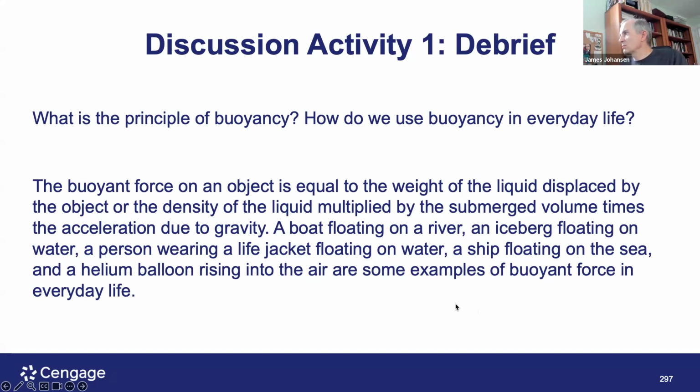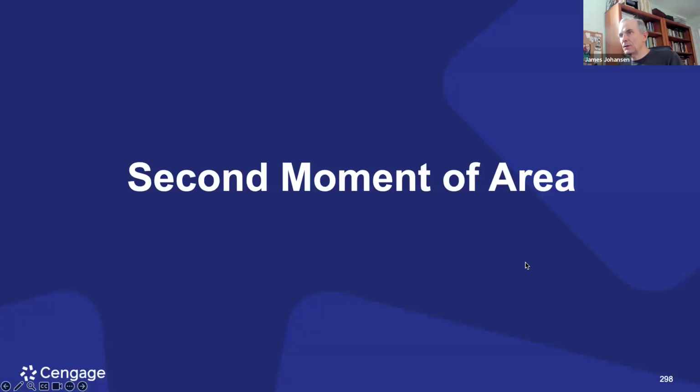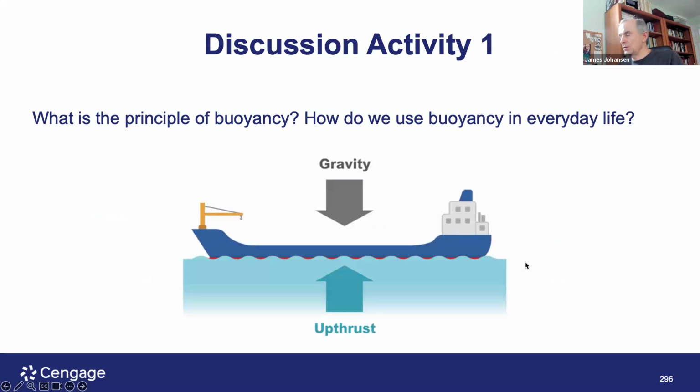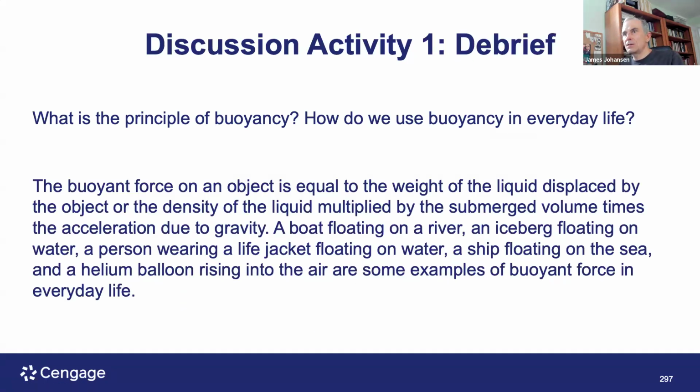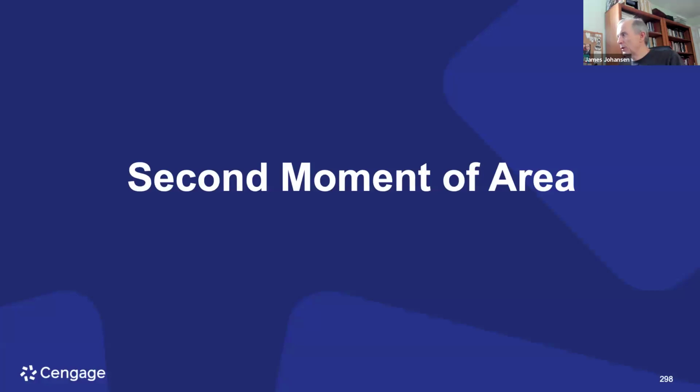So we got some idea of what's going on there. Christopher wrote, the principle of buoyancy involves the fluid pushing with an upward force against the ship, which has a downward force of gravity. That's what we got to see with this graphic, with it bobbing up and down.